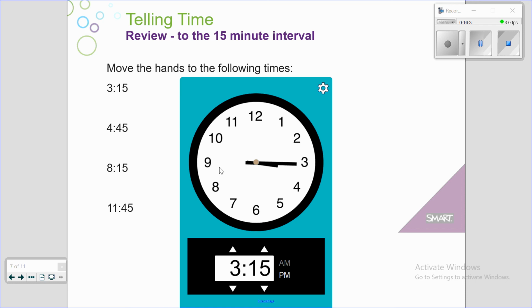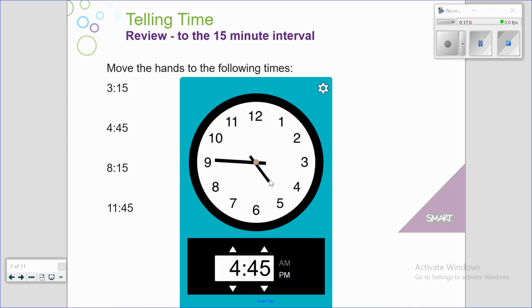On 9, quarter to, quarter before. Here is quarter to. And I want 4. 4 and 45. Yes, this one. So it will be 5.